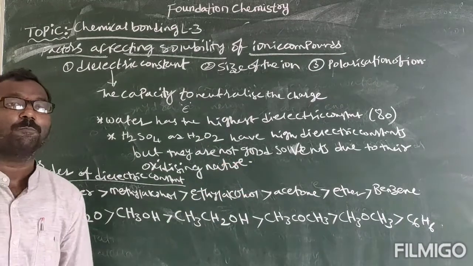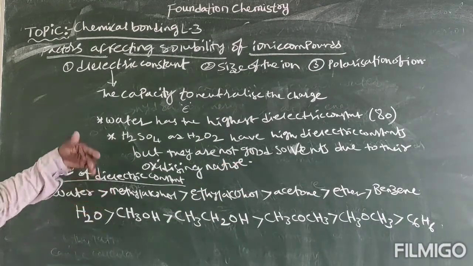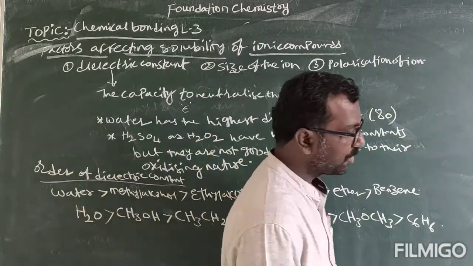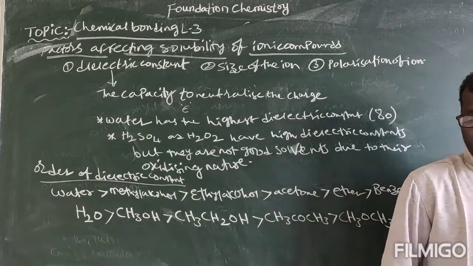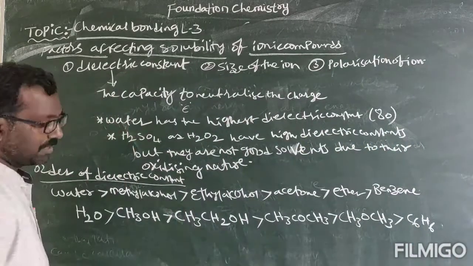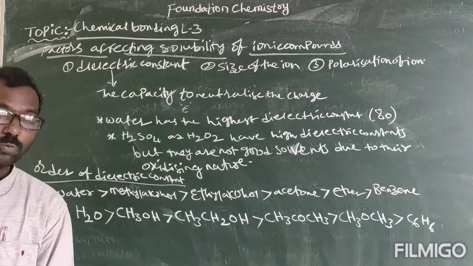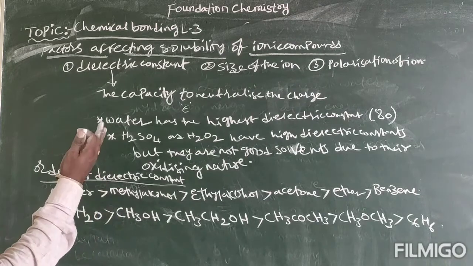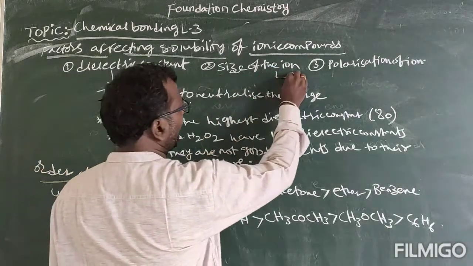That's why ionic compounds dissolve in polar solvents like water. That is the main reason. Next, we have the size of the ion. Size of the ion depends upon what? Lattice energy. Higher lattice energy.